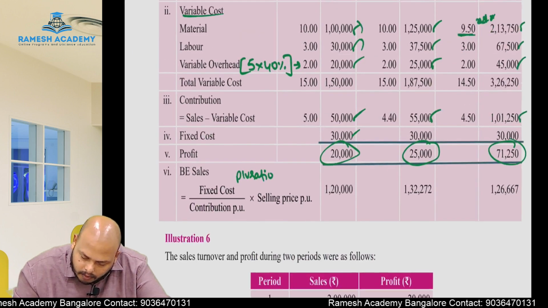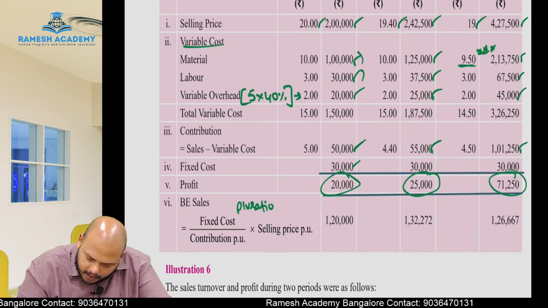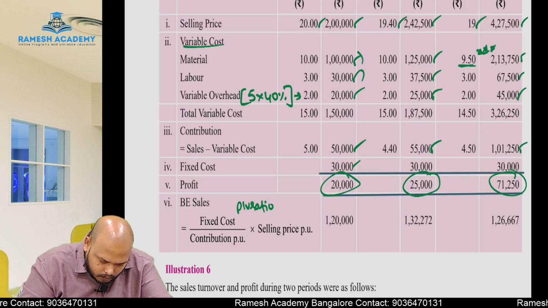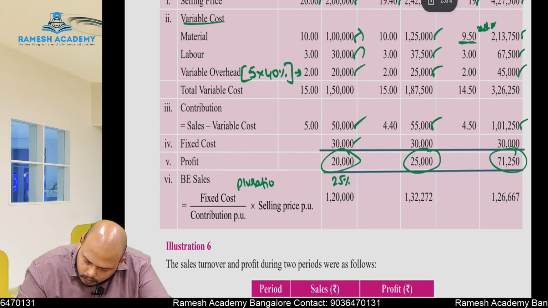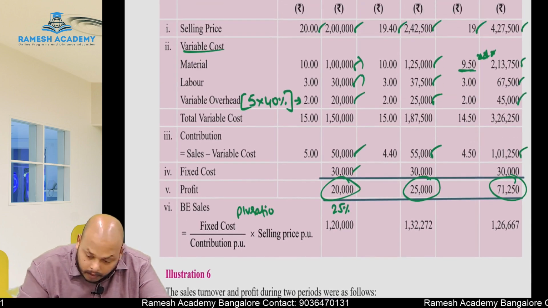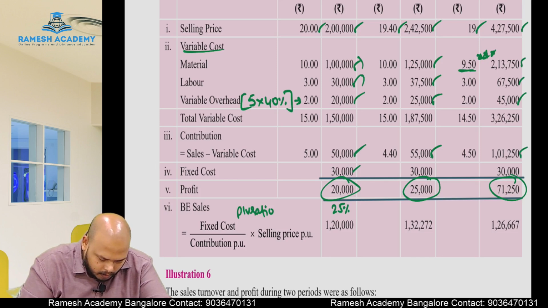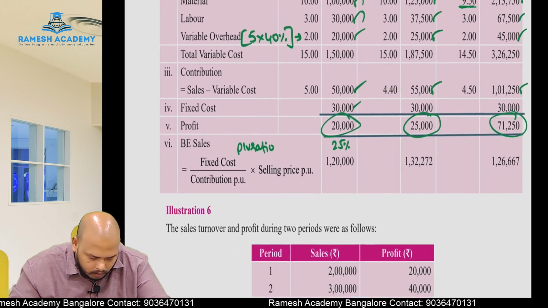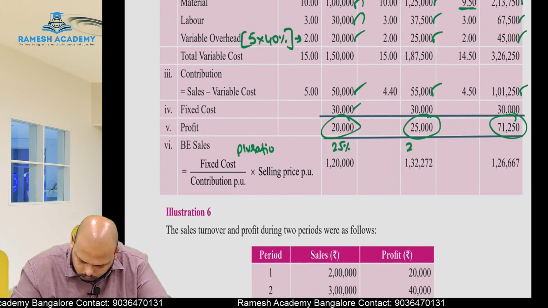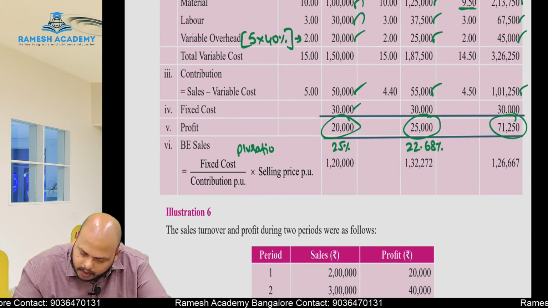PV ratio is equal to, what is the formula? Contribution by sales. 50,000 divided by 2 lakhs. So here PV ratio is how much? 25%. Here 55,000 divided by 2,42,500 into 100, 22.68%.